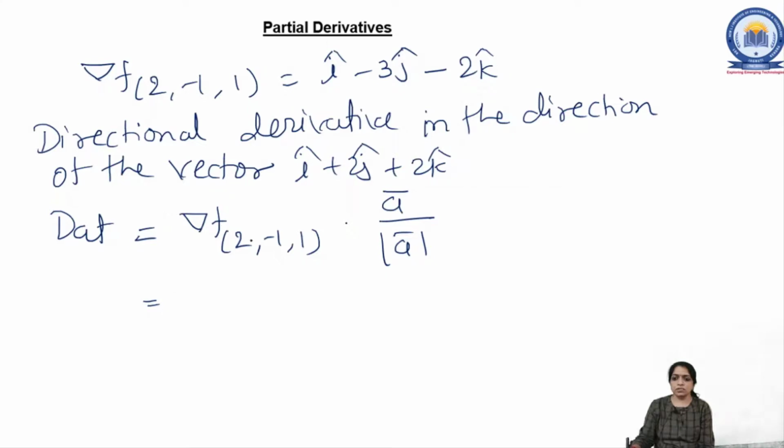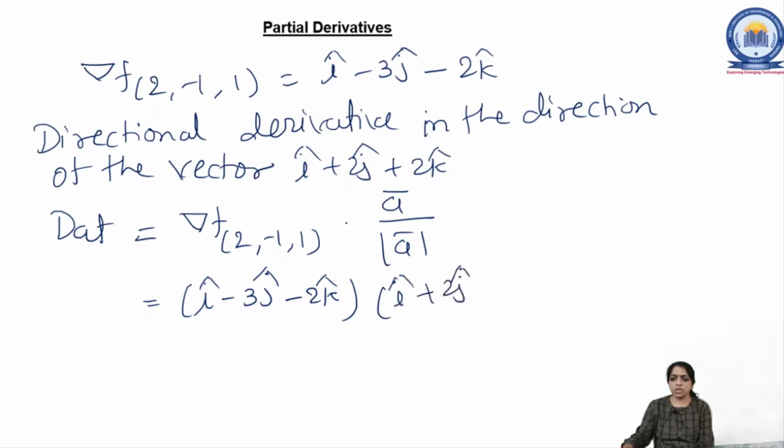The gradient is i - 3j - 2k, and the given vector is i + 2j + 2k. For the magnitude, the coefficient of i is 1, so 1 squared is 1, the coefficient of j is 2, so the square is 4, and the coefficient of k is again 2, so the square is again 4.